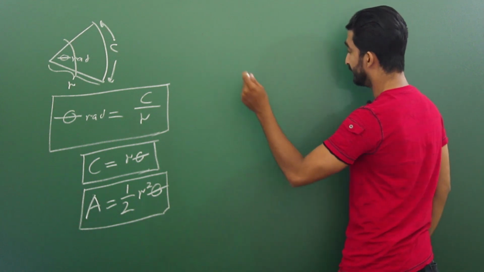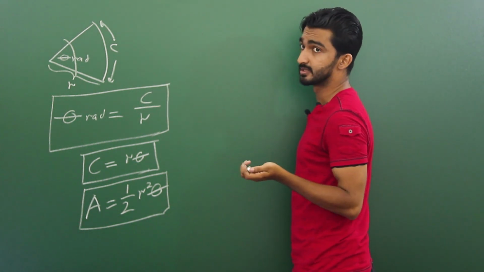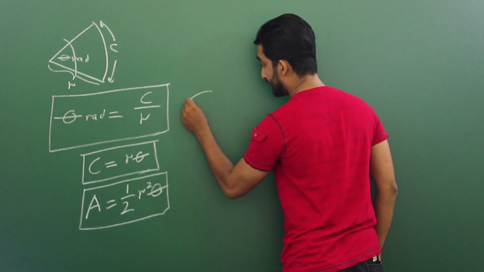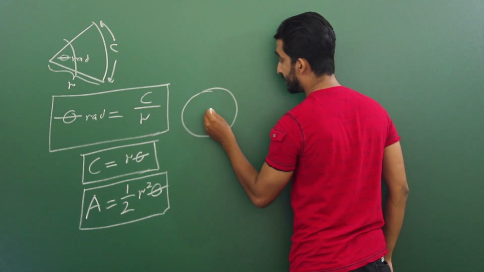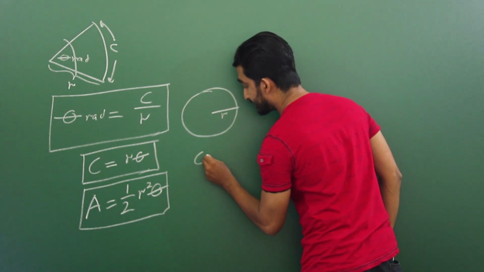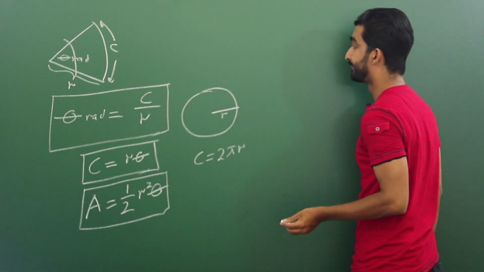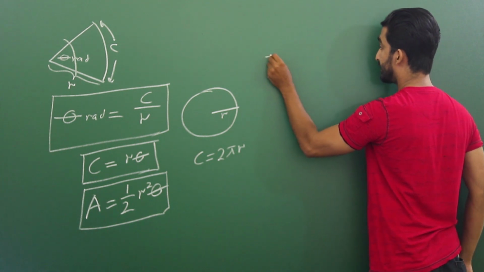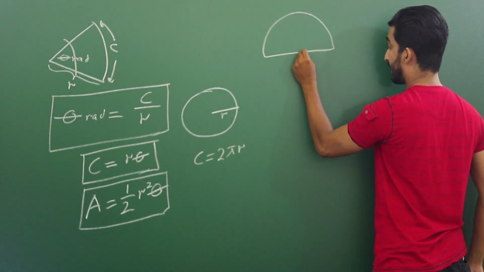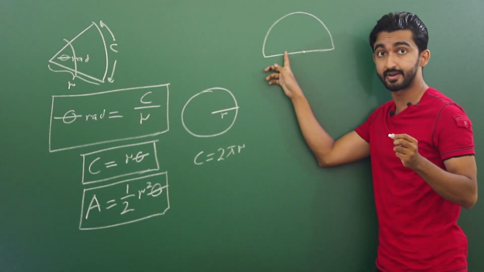So now if you consider a semicircle, a half circle. In O levels you must have learned, if there's a circle with radius r, the circumference of this circle is 2 pi r. If you consider a semicircle, as you know, this is 180 degrees because it's a straight angle.